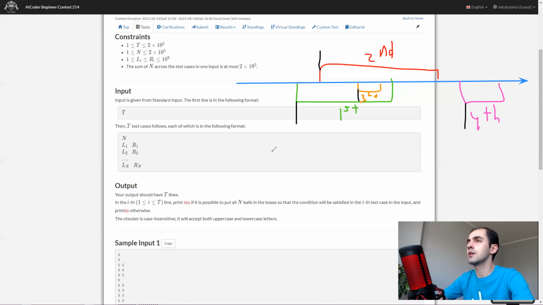Imagine walking over this line from left to right. Whenever you cross such a point, you pick that ball. Let's say initially all balls lie in some huge bag, and you're picking them one by one from there, and putting them one by one into the boxes.